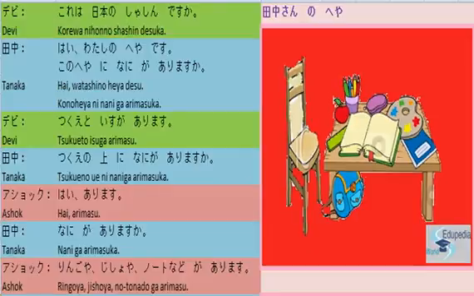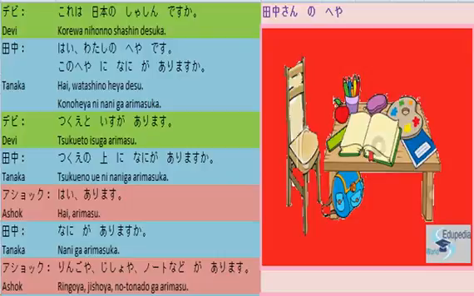Devi, これは日本の写真ですか? Is this a photograph that was taken in Japan? Miss Tanaka, はい、私の部屋です。この部屋に何がありますか? Yes, it is my room. Is there anything in this room? Miss Devi, 机と椅子があります。There is a chair and a table.